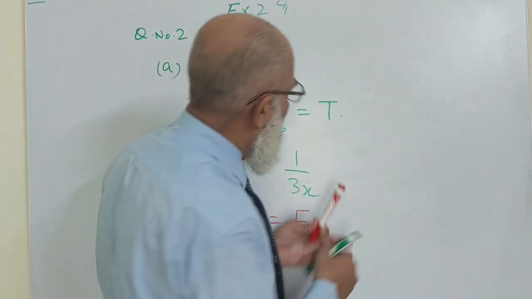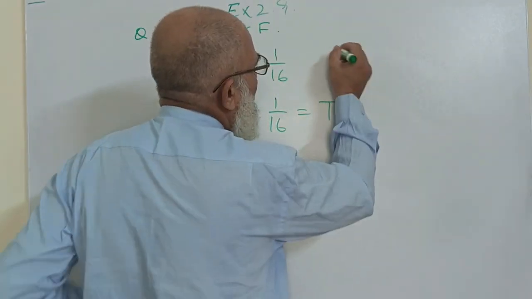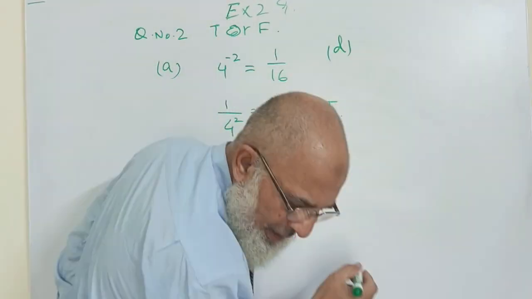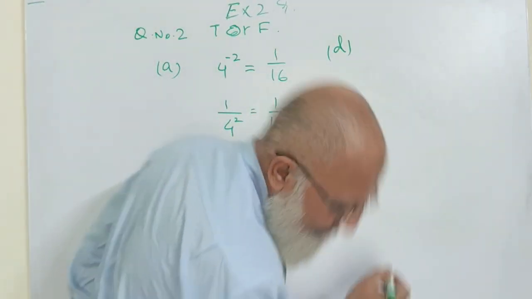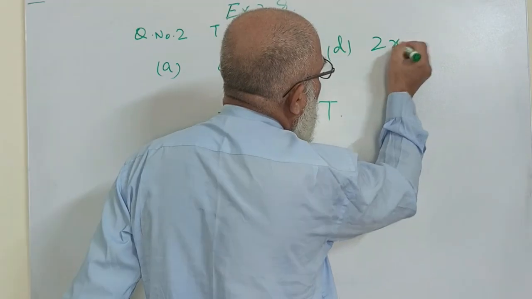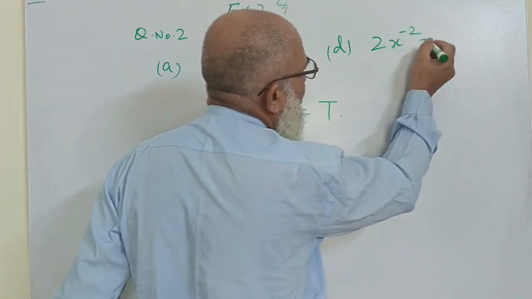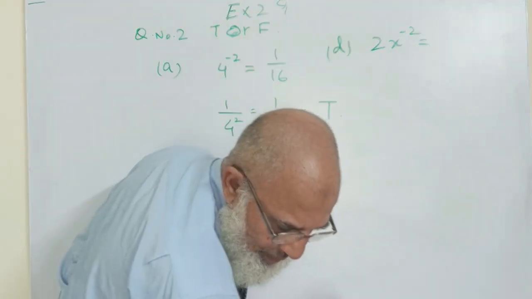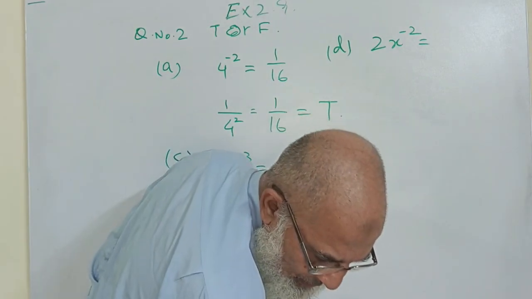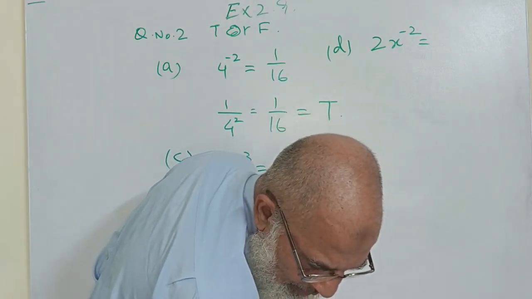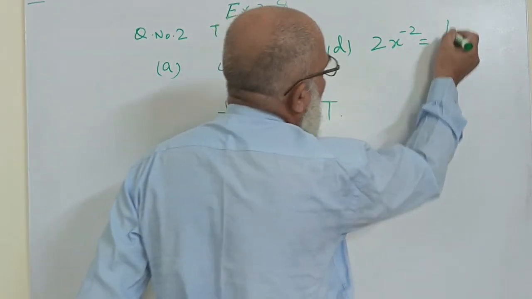Similarly, part D, and part D is 2x minus 2, and it is equal to 1 upon x.